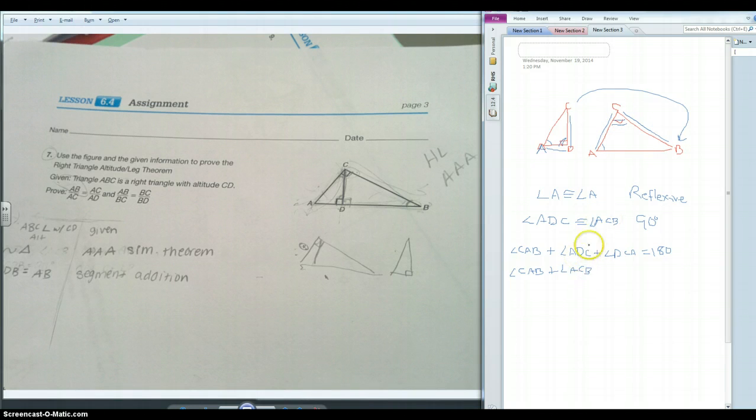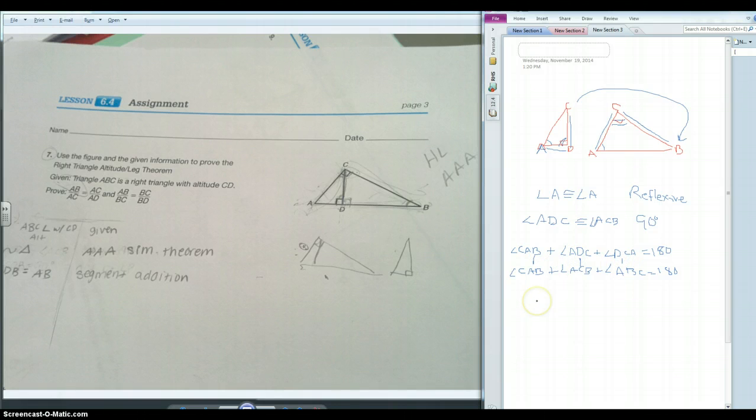And remember, these two are equal to each other. And the last angle was ABC. Same theorem. Now, since these are the same, and these are the same, therefore these are the same.